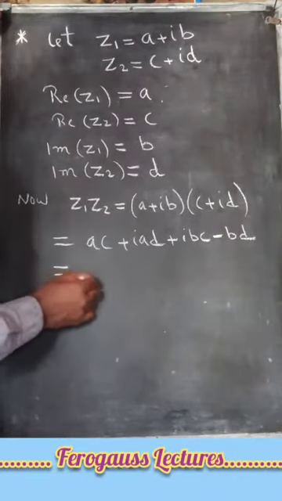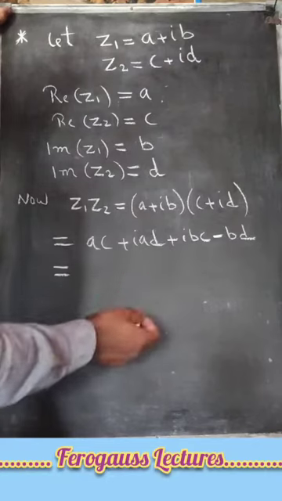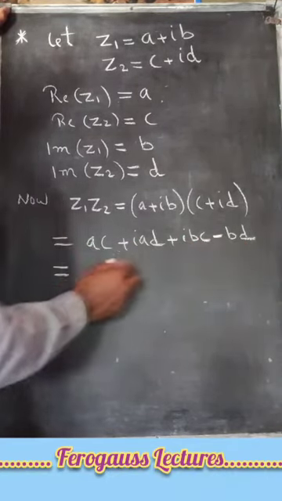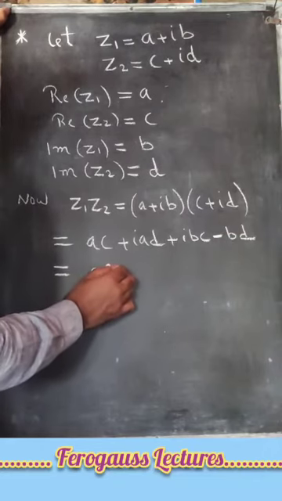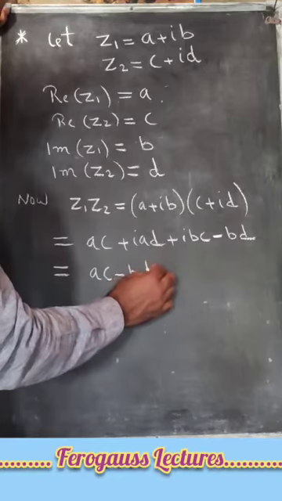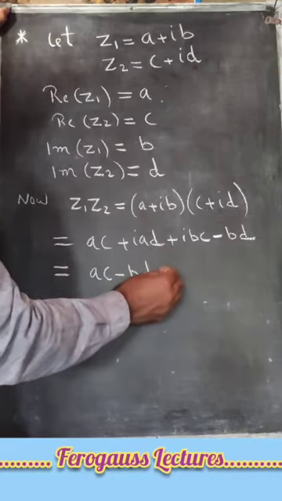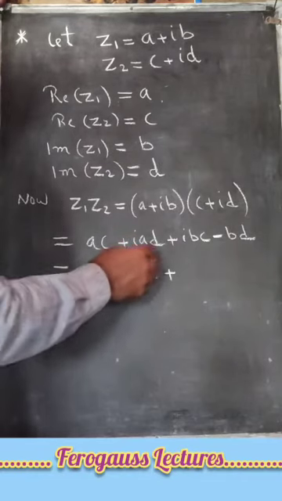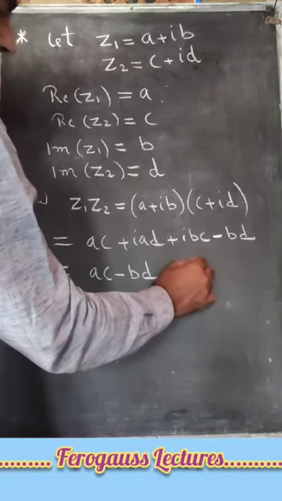Now separate real part and imaginary part. We get AC minus BD is the real part, so we can write it as AC minus BD because it is free of iota. Then we have the imaginary part, and in the imaginary part we take iota common.